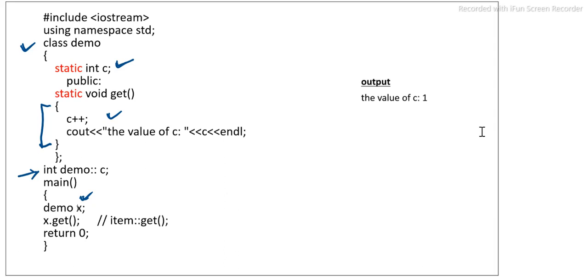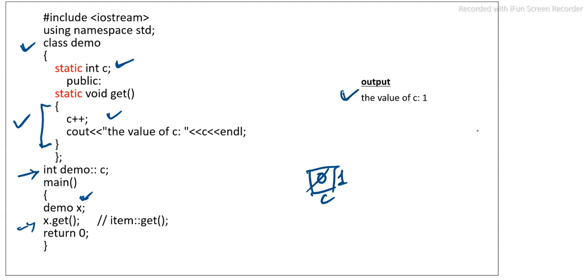So this get function will access only the static variable. When this function is called, the get function definition will be executed. c++ takes place, or increment of the c value takes place. So it was initially 0. When this function is called, it will be incremented to 1, and the value of c will print as 1 here.